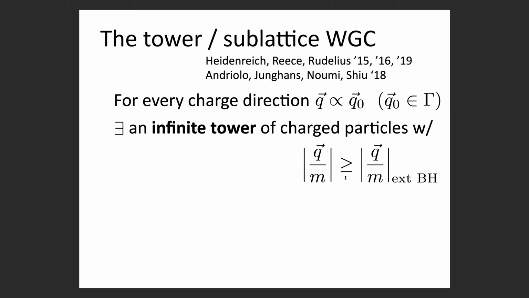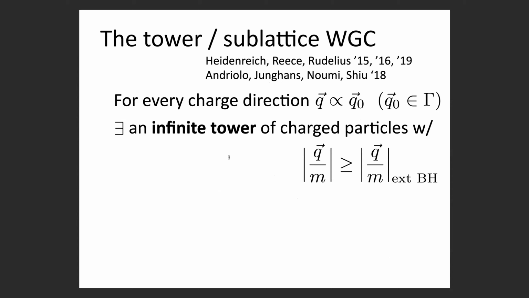What I really want to talk about most is the stronger version, either the tower or sublattice weak gravity conjecture. So these date back to some papers with me and Tom and Matt Reece, and this more recent work by Gary Shiu and collaborators on the tower version.